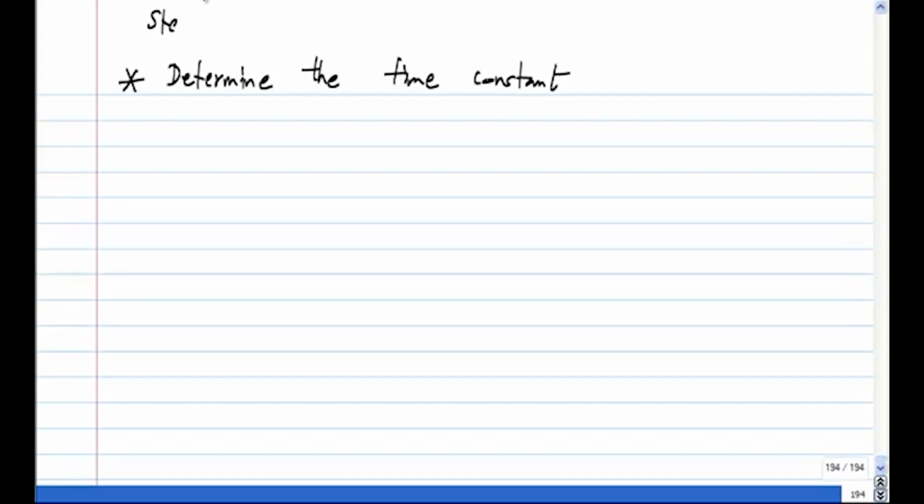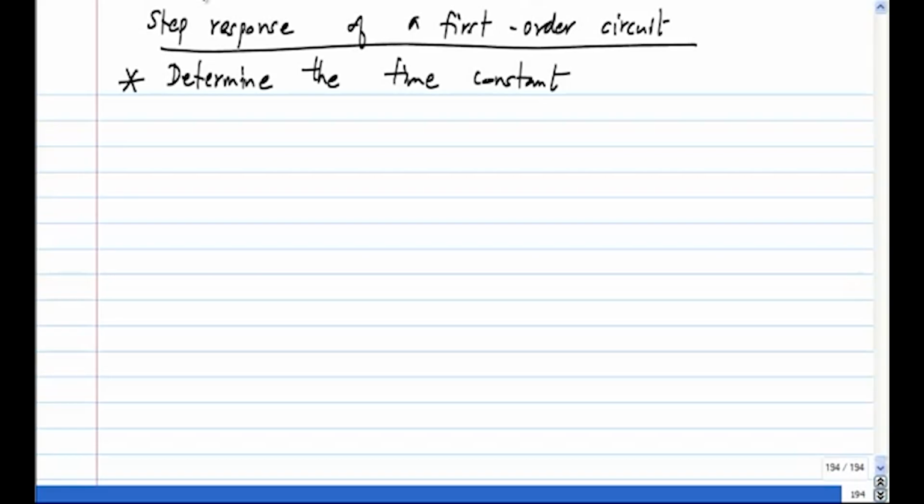For this, you set sources equal to 0, and the effective capacitance times the Thevenin resistance across it, that is the time constant. Okay.